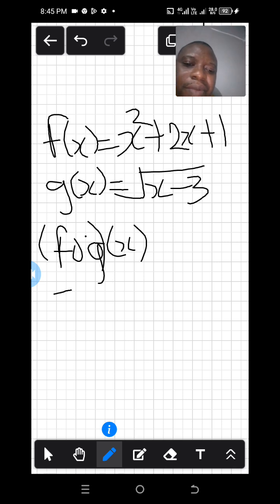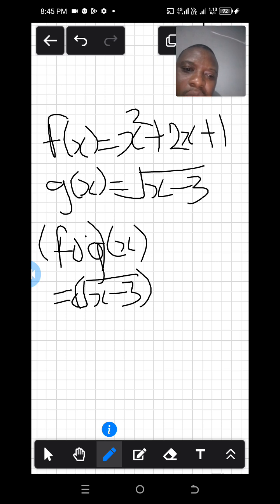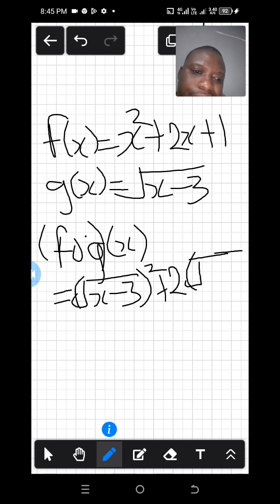So f of g will be, instead of writing x squared in f of x, I will write square root of x minus 3, squared, plus 2 into brackets square root of x minus 3. Do you get that? Plus 1. So let's open the brackets.